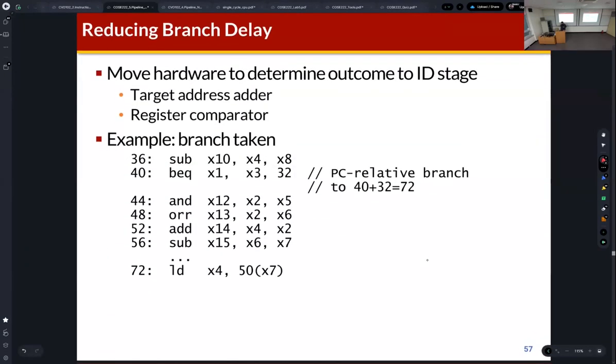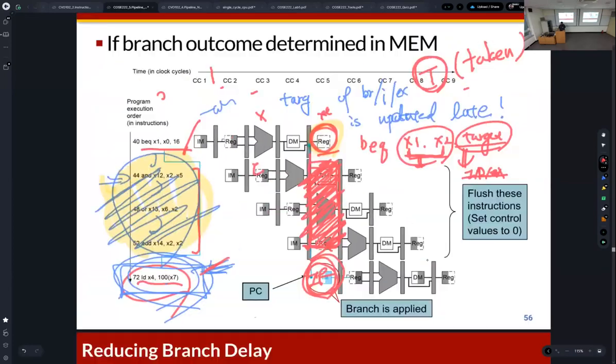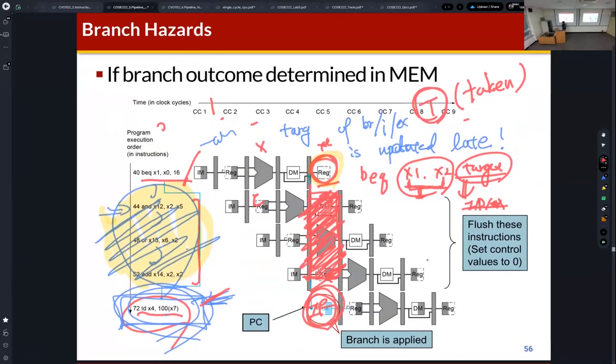So then how can we reduce the control hazard? So what's the problem? When I explained about the control hazard, what is the problem? The main problem is that we know the result of the branch instruction late.